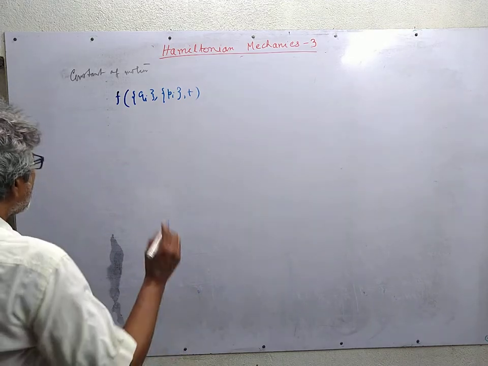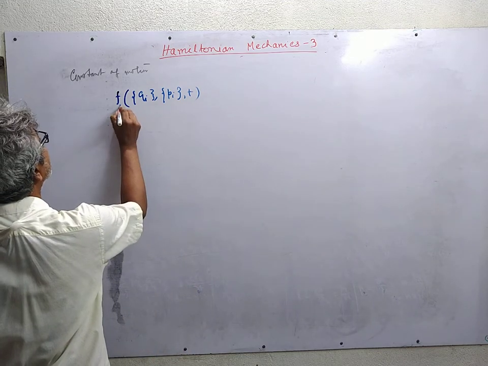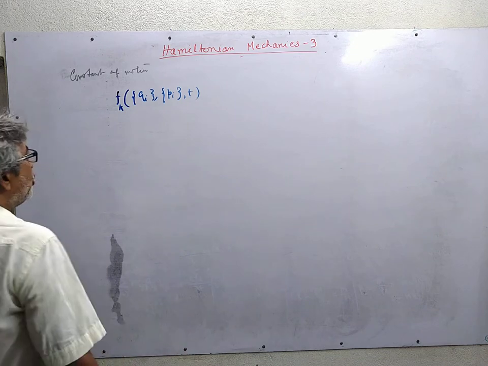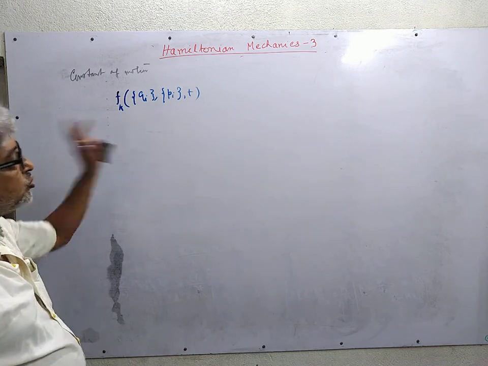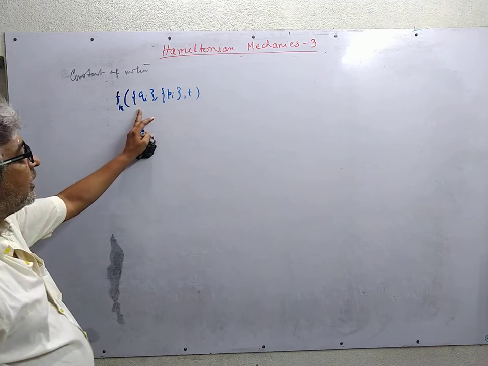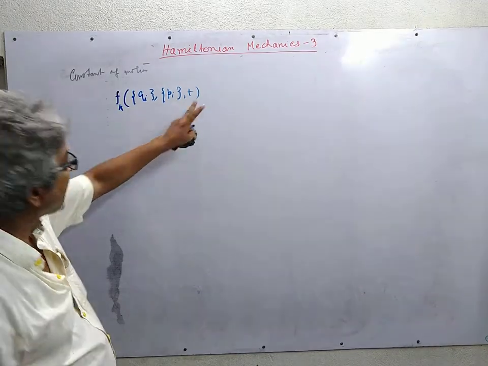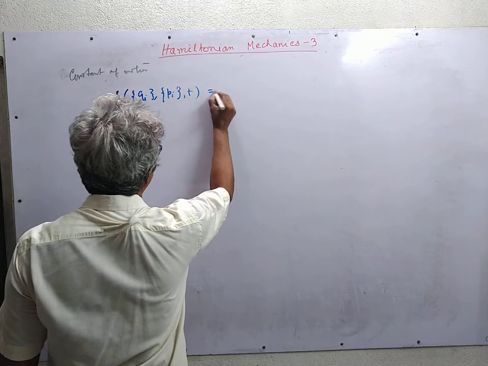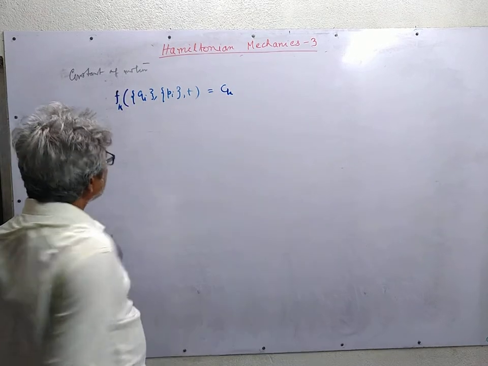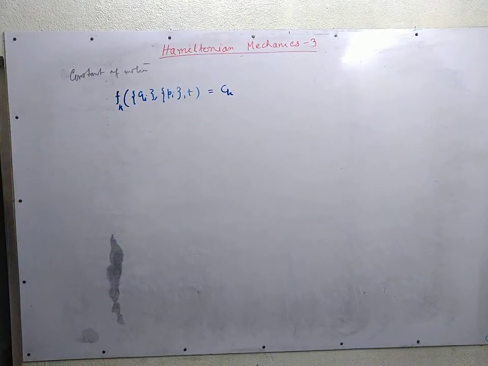But there are certain functions, say f_k, whose value does not change even if these quantities change, and the value remains all along constant. Such quantities are called constants of motion.